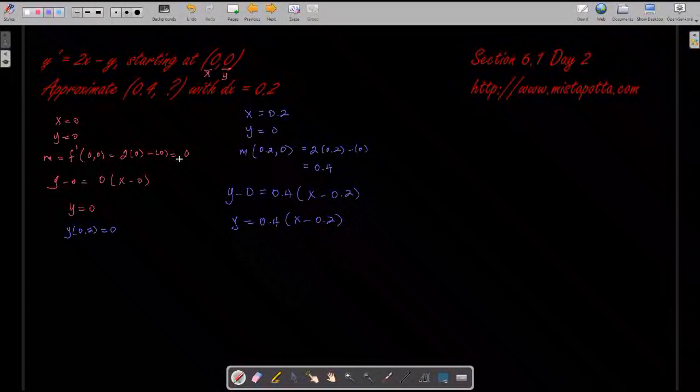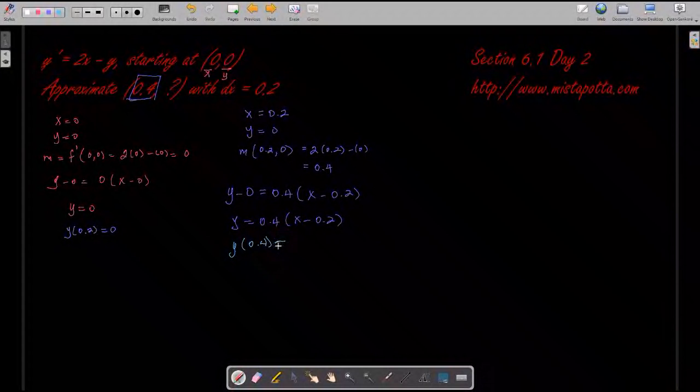So I want to take this 0.4. I want to approximate 0.4, and I'm going to approximate by substituting it into this function.